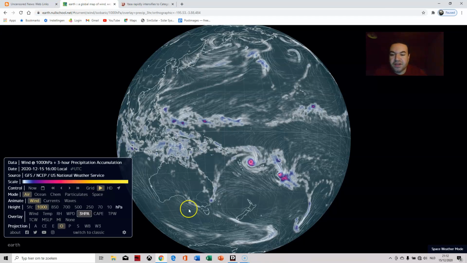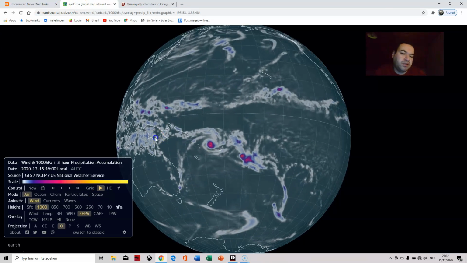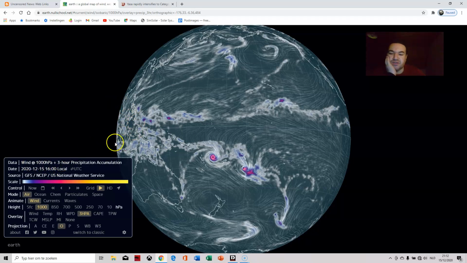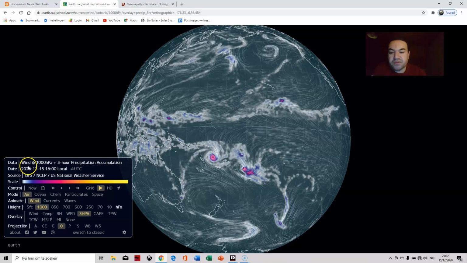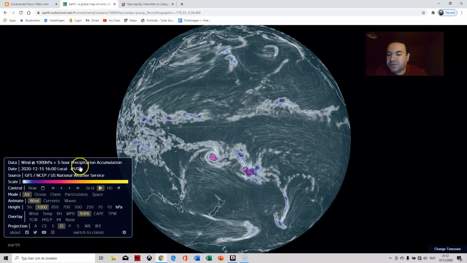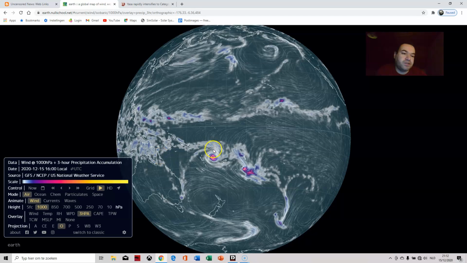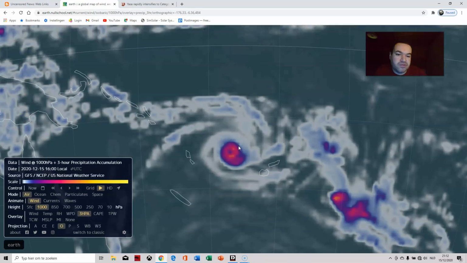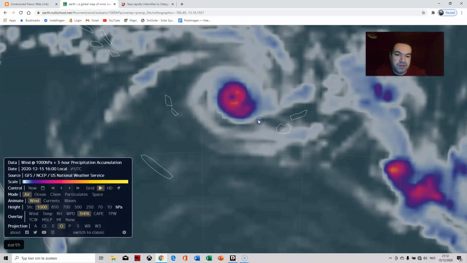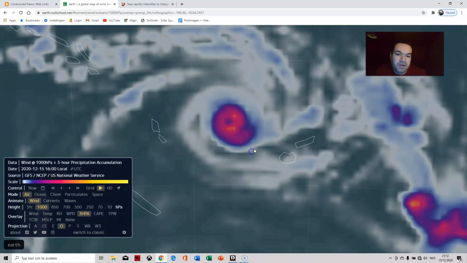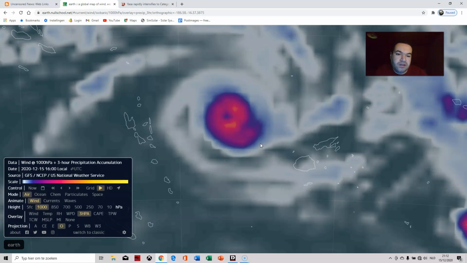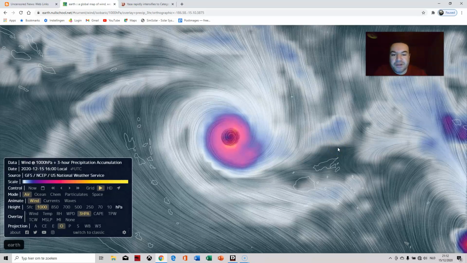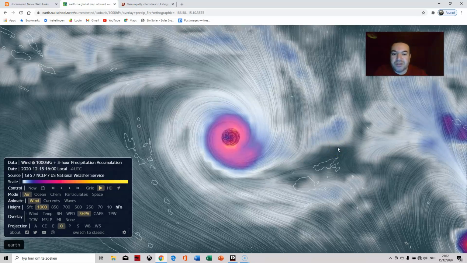And I took the time to watch it on Earth 3D, because this is interesting. So I chose the wind map, of course, but also an overlay with the precipitation accumulation to see how much rain it will cause. So I will zoom that in for you so that you can see. And as you can see, this is pretty intense, both in wind and precipitation accumulation.